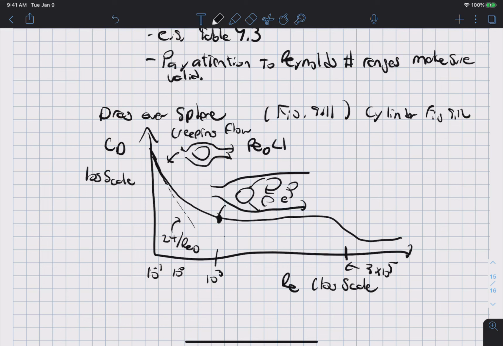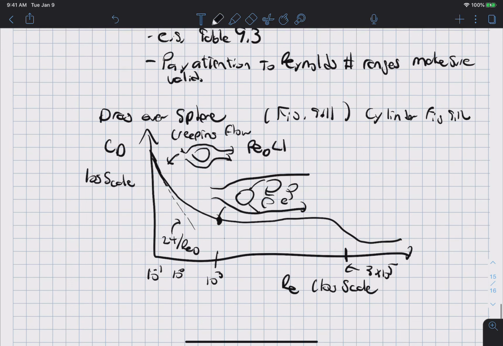What happens is that the drag coefficient is essentially constant, but what happens over here is that the drag coefficient suddenly decreases. And if you look at the flow pattern at this point, the flow over the sphere actually changes, as the streamlines, instead of going in nearly straight lines over the sphere, actually start to turn around, and they start to turn back in again.